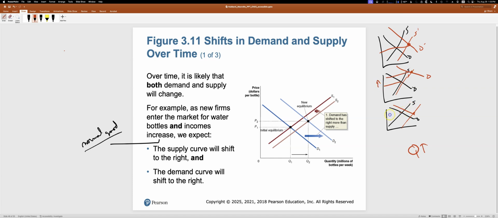And in this scenario, my equilibrium price, oh yeah, sorry. I can't get it back, I don't think. Oh, can I?